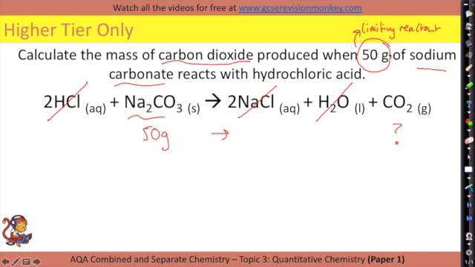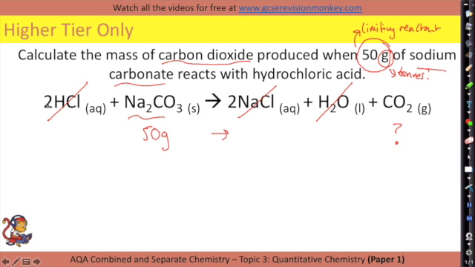It doesn't matter whether this was 50 grams, 50 tons, 50 kilograms, we do the same method for whatever unit there is. So first of all, what we can't do is just guess. We can't just guess a number that 50 grams might make, but we do have information on the relative formula masses that we can calculate from the periodic table.